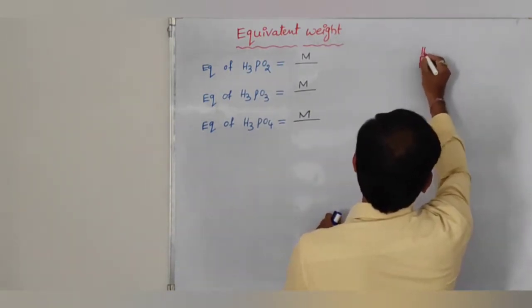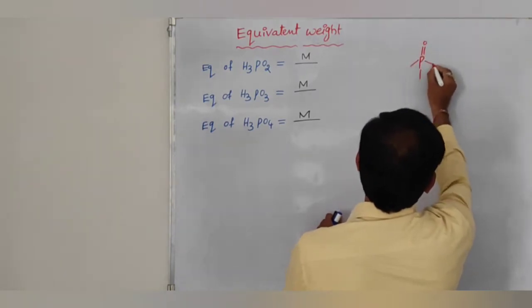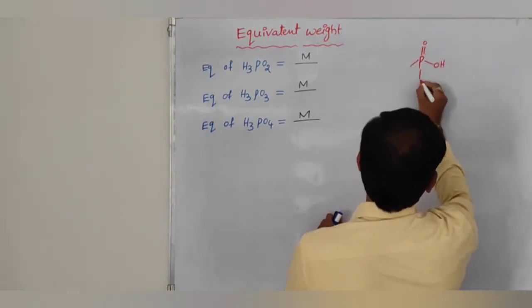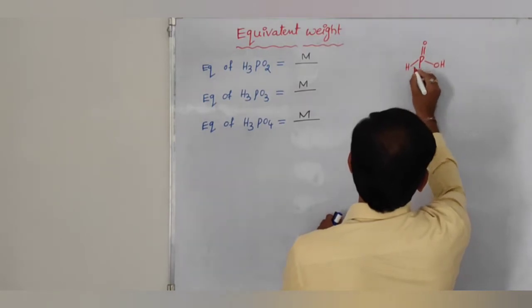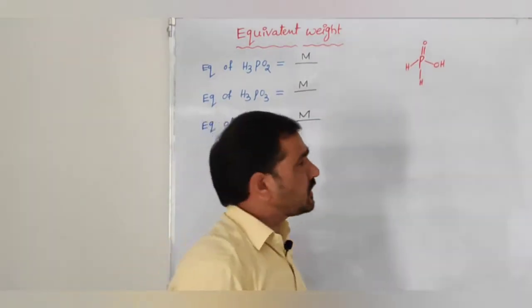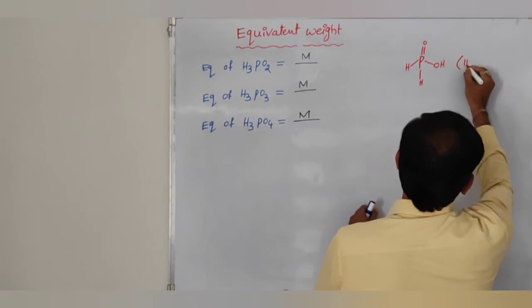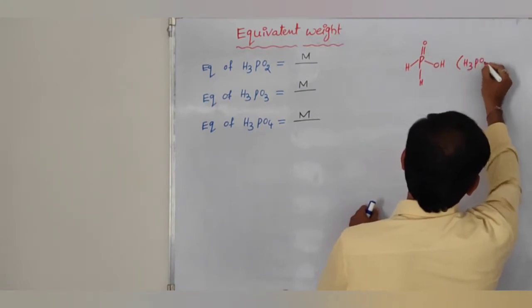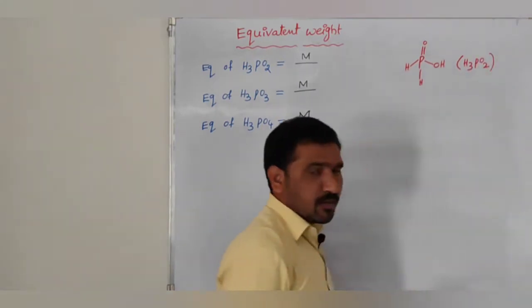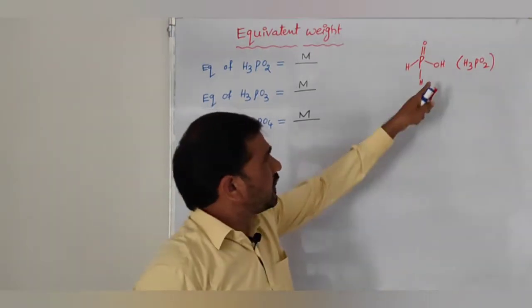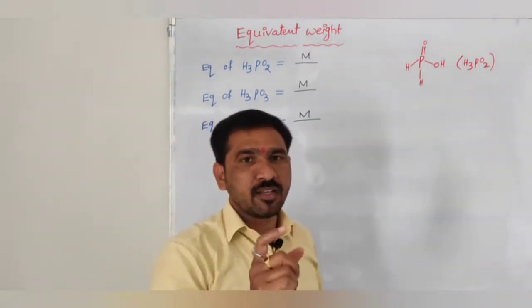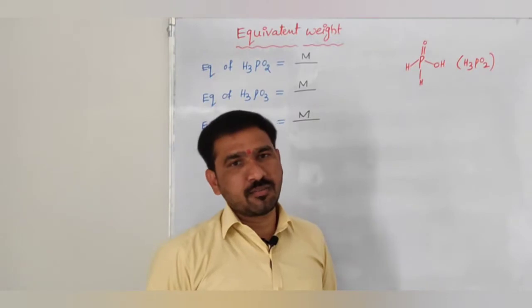So coming to H3PO2: phosphorus central atom, double bond O, OH, H, H. This is the structure of H3PO2. Then how many OH groups are there in this? That many H plus ions are released from that molecule.